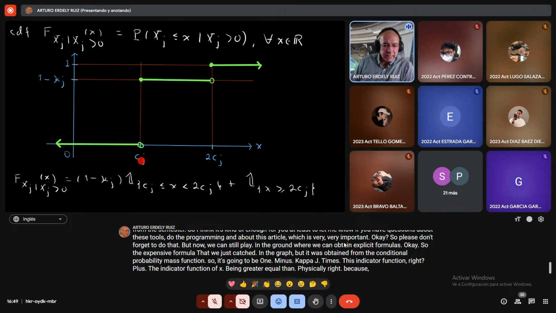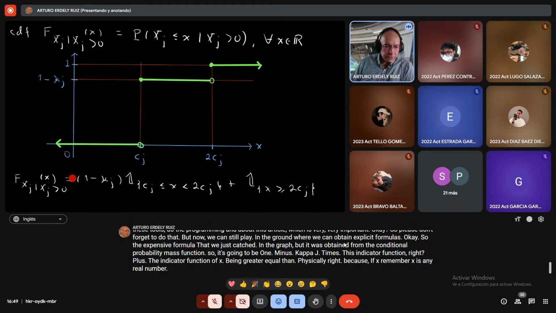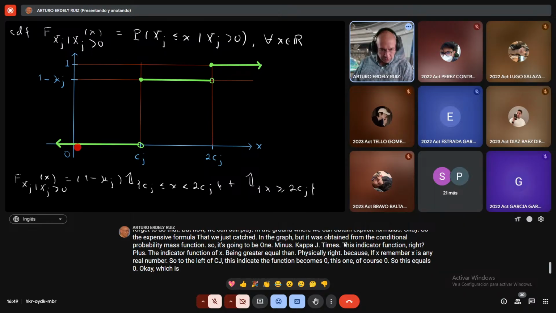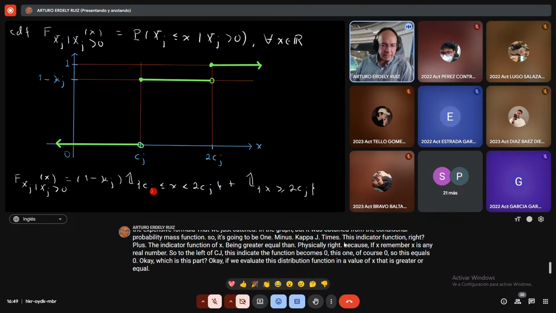Because remember, x is any real number. So to the left of CJ, this indicator function becomes 0. This one, of course, 0. So this equals 0, okay? Which is this part. If we evaluate this distribution function in a value of x that is greater or equal than CJ and strictly less than 2 times CJ, then we have this step part of the function, right?